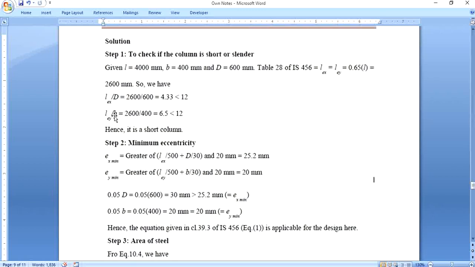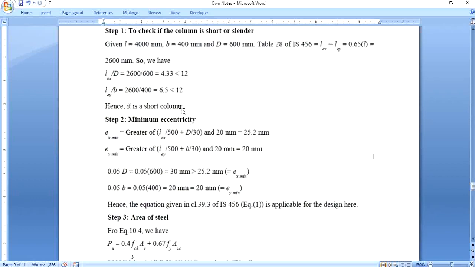LEY divided by B, 2600 divided by 400, is equal to 6.5, which is less than 12. So in both cases the slenderness ratio, that is effective length divided by dimension, is less than 12, hence we can say that it is a short column.